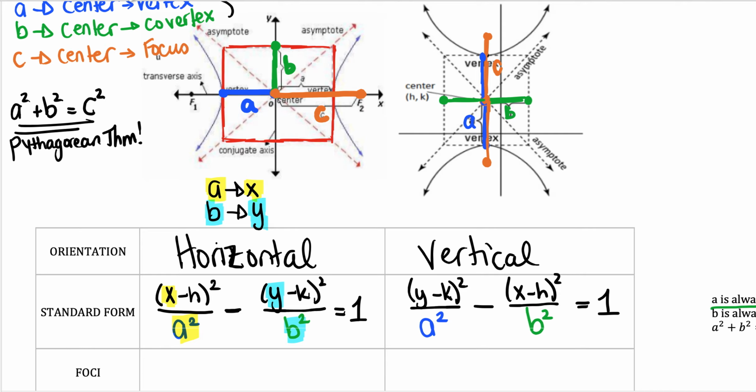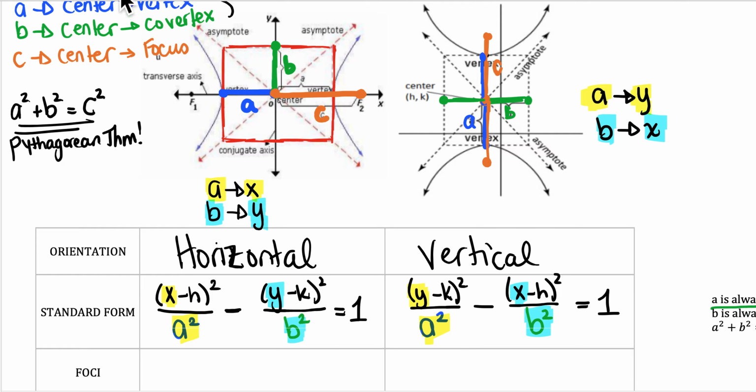So here we have a directly affecting your y because it is vertical, and your b is directly affecting your x. So therefore, I have b here, which is with x, and I have a here, which is affecting y.